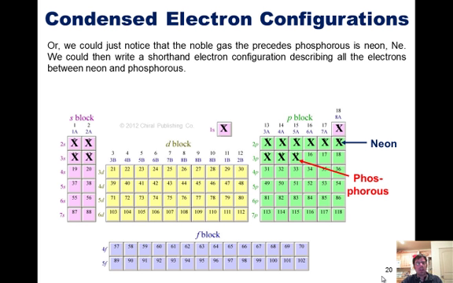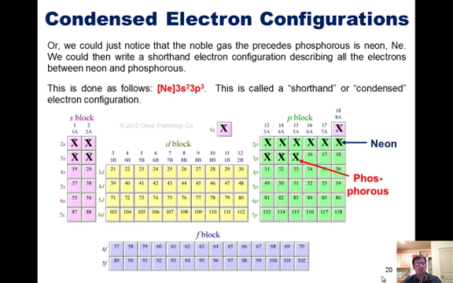We could then write the shorthand electron configuration of phosphorus by describing all the electrons between neon and phosphorus. This would be done as follows. We write neon in brackets, and then we just write the electron configuration between neon and phosphorus, which is 3s2, 3p3. This is called a shorthand or condensed electron configuration.